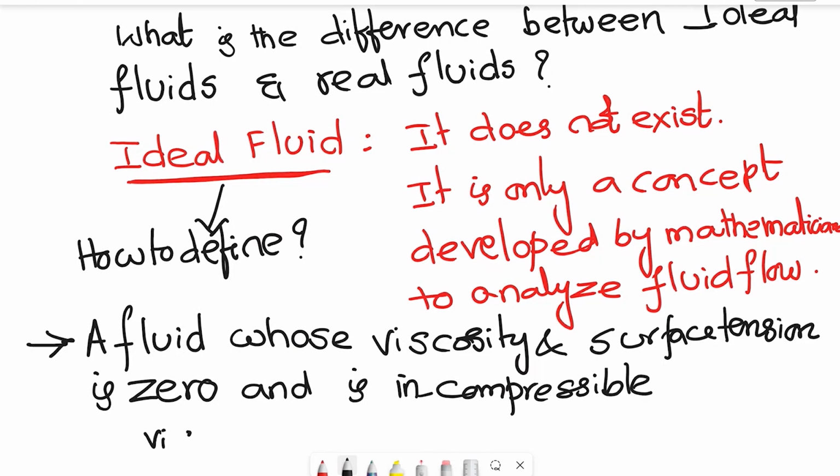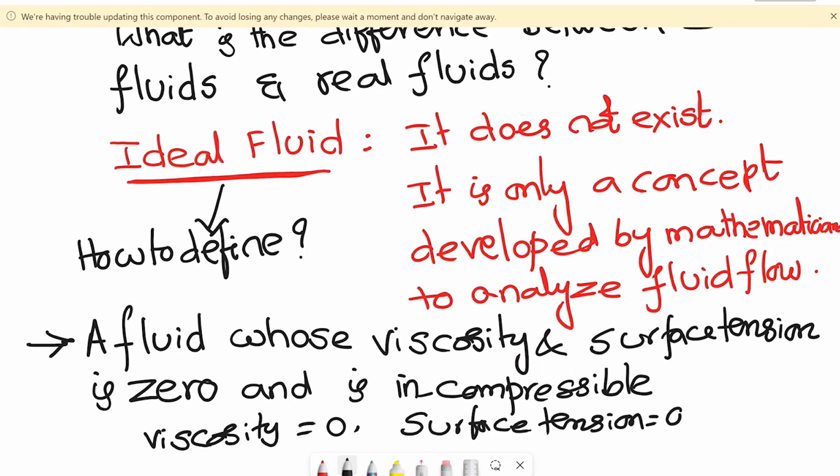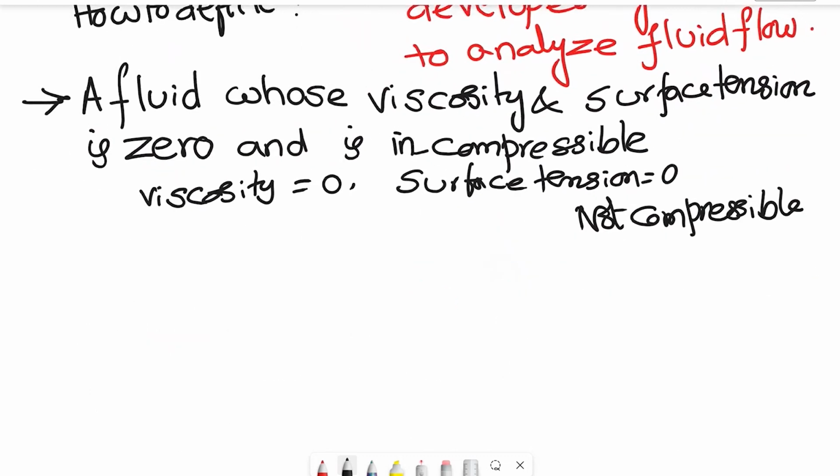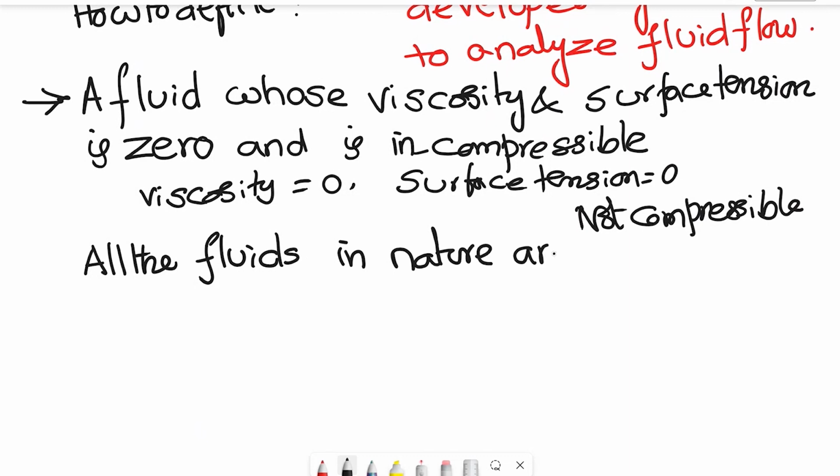That means viscosity zero, surface tension zero, not compressible. Then we call a fluid as ideal. It does not exist. All the fluids in nature are real fluids.